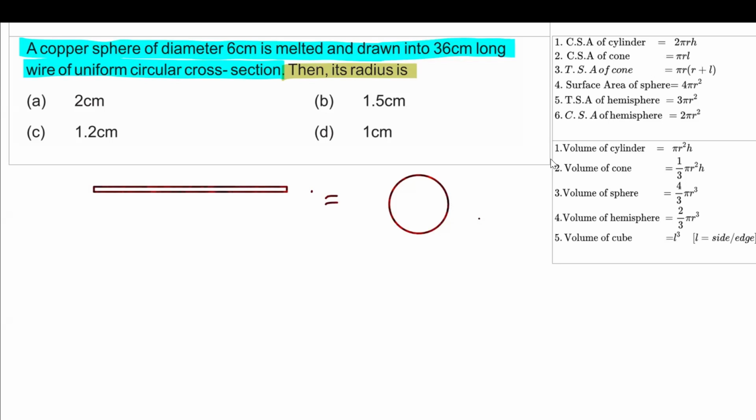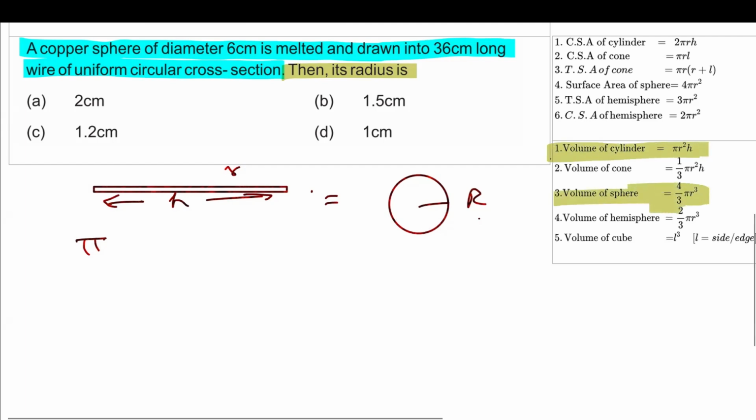Let's say the radius of the wire be r and its length its height h, and I took the radius of the sphere as capital R. The volume of cylinder is pi r square h, and the volume of sphere is 4 over 3 pi R cube. So we can say pi r square h is equal to 4 over 3 pi R cube.